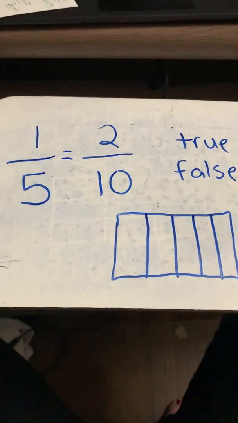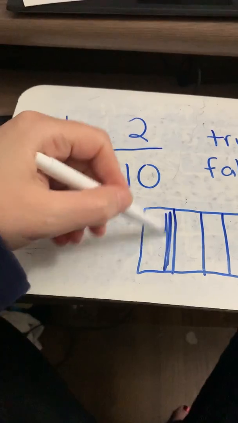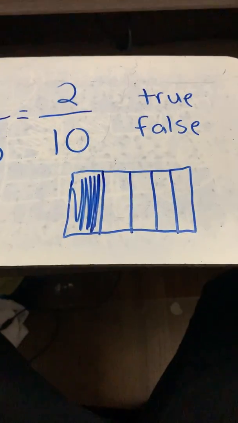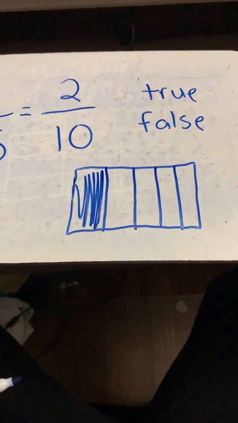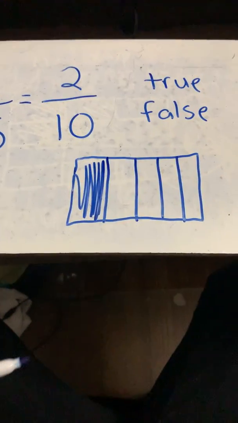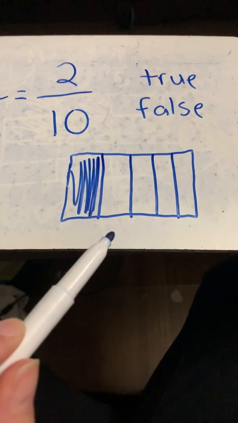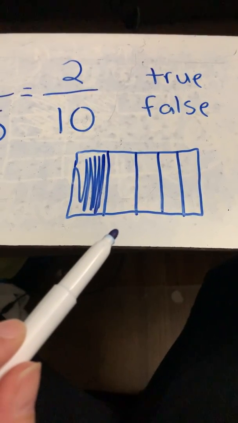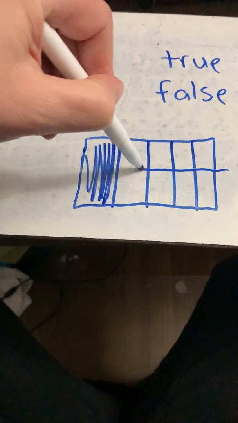So I am going to shade in one of those fifths. Now, boys and girls, how do I get from 5 to 10? How can I make my model into tenths? I hope that you said I can cut it in half, because that is exactly what I can do.